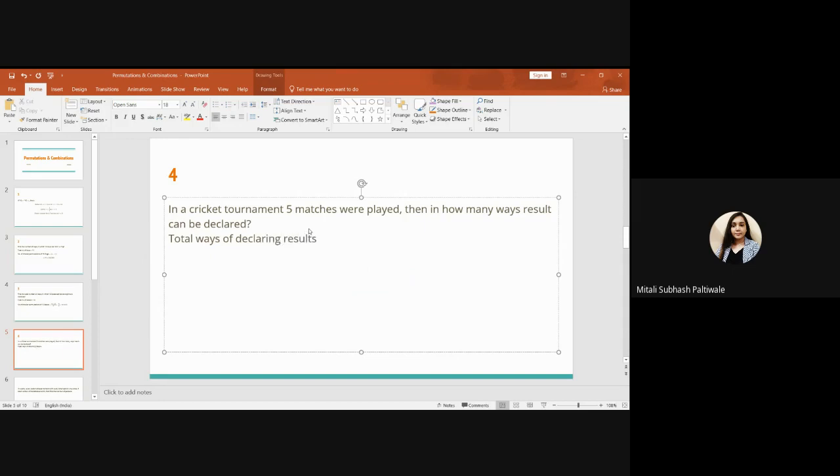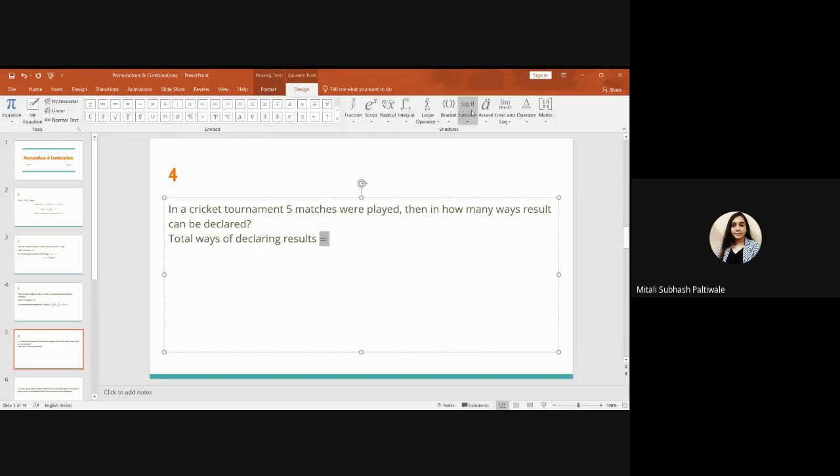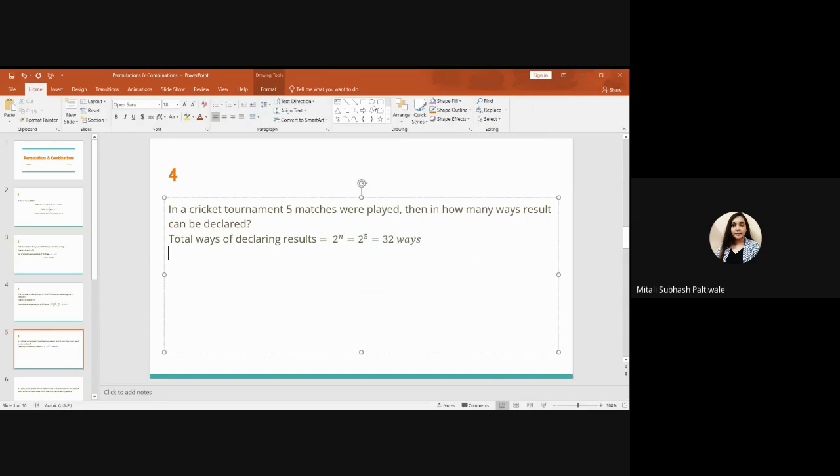Total ways of declaring results would be equal to 2 to the power n, which is now equal to 2 to the power 5. Why? Because 5 matches are played, and that is nothing but 32 different ways.